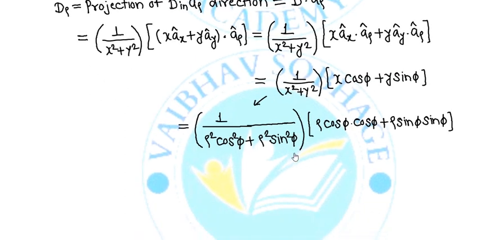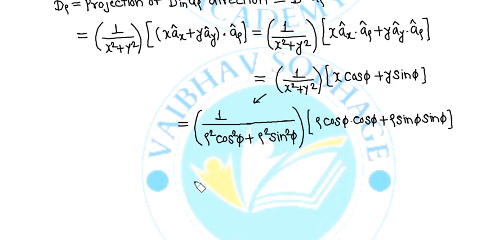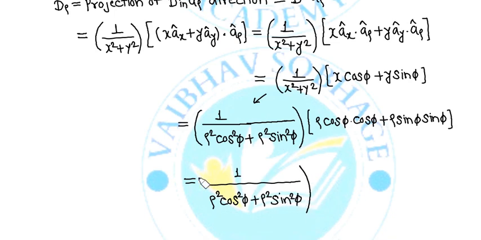Okay, now we have this to be what? Sorry, I went into the flow. Okay, fine. So 1 divided by rho square cos square phi plus rho square sin square phi, that is as it is your very first bracket.